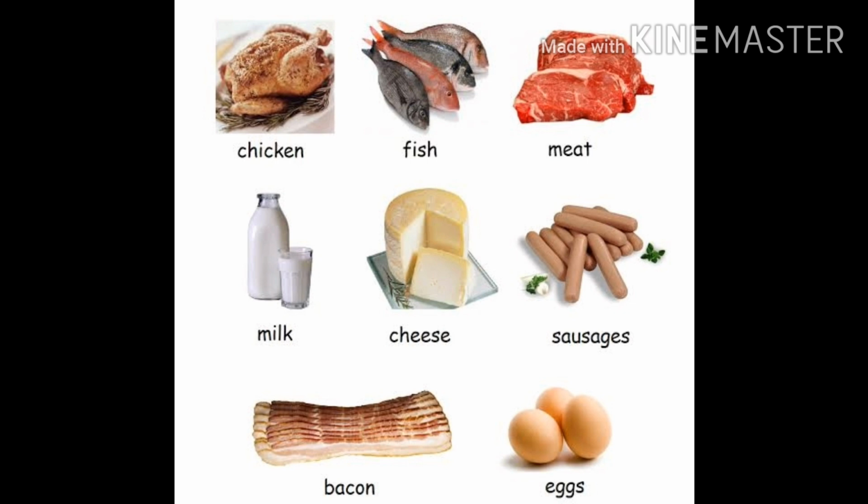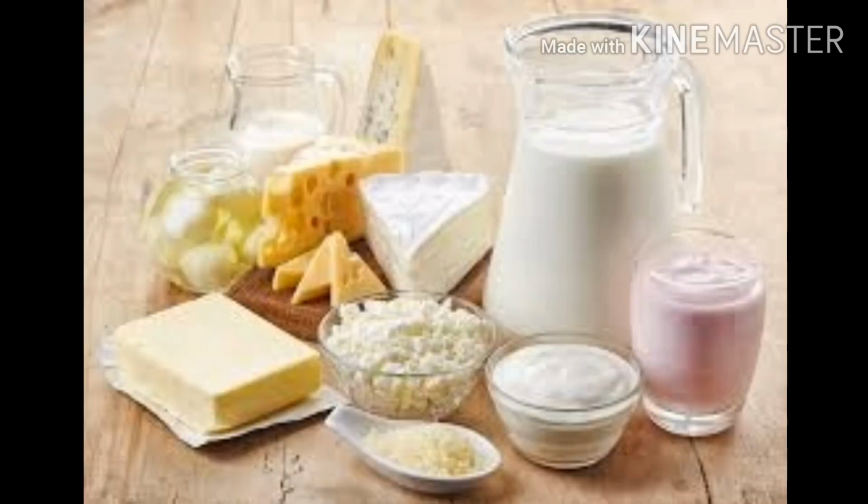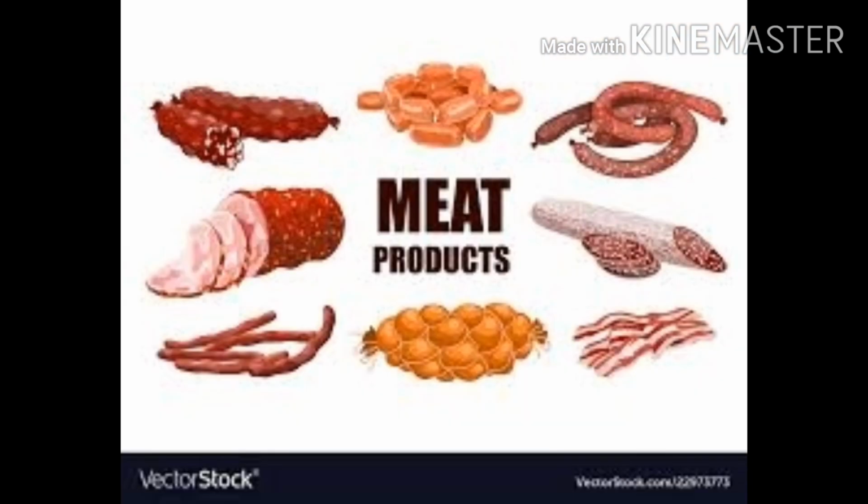Today, we will discuss animal sources. Can you tell some examples? Along with these, all the milk products and meat products are also included. I am going to show you some pictures.